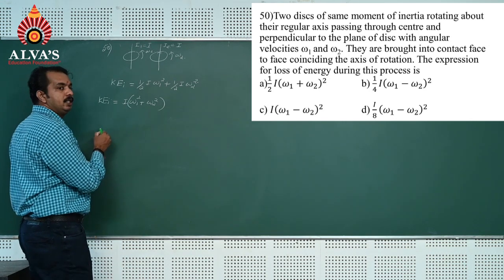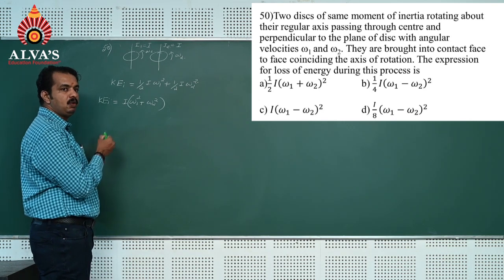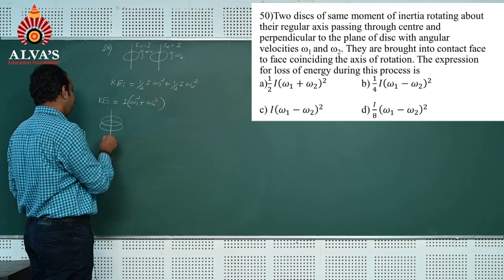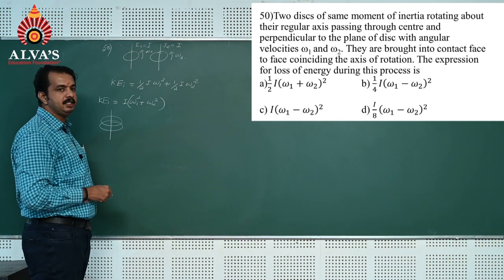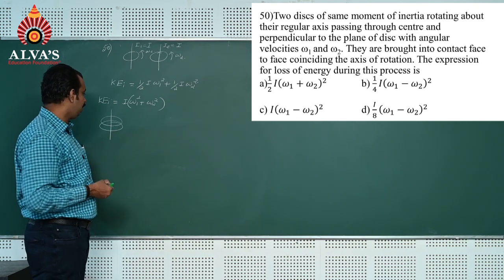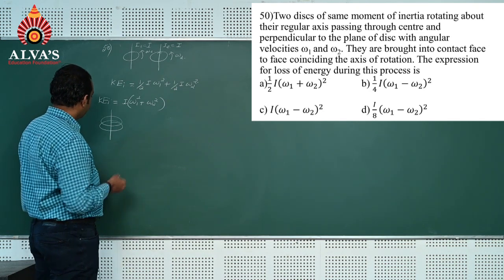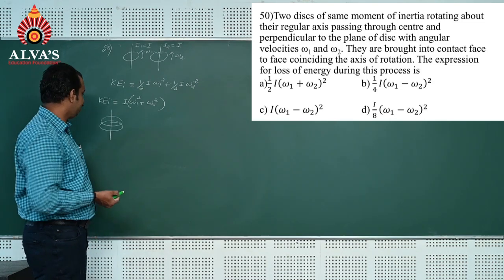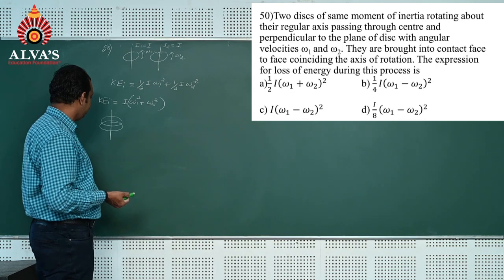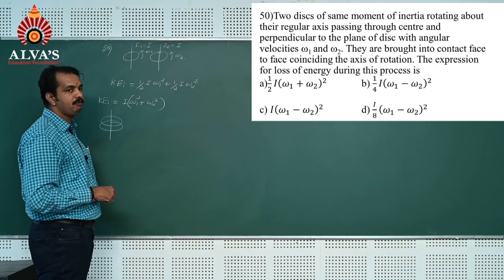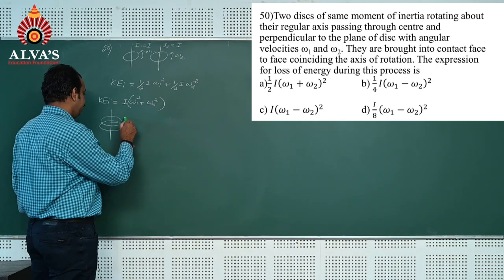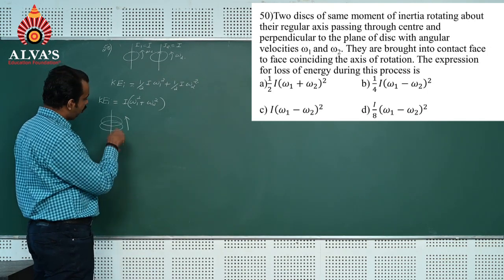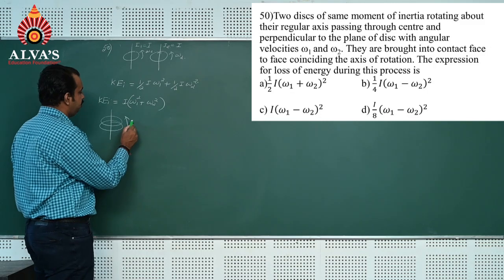When these two discs are placed one above the other, there is a loss of kinetic energy. What is the loss of kinetic energy? To find out the loss of kinetic energy, we want the final kinetic energy. To find the final kinetic energy, we want an expression for omega, that is the angular velocity with which this system rotates.